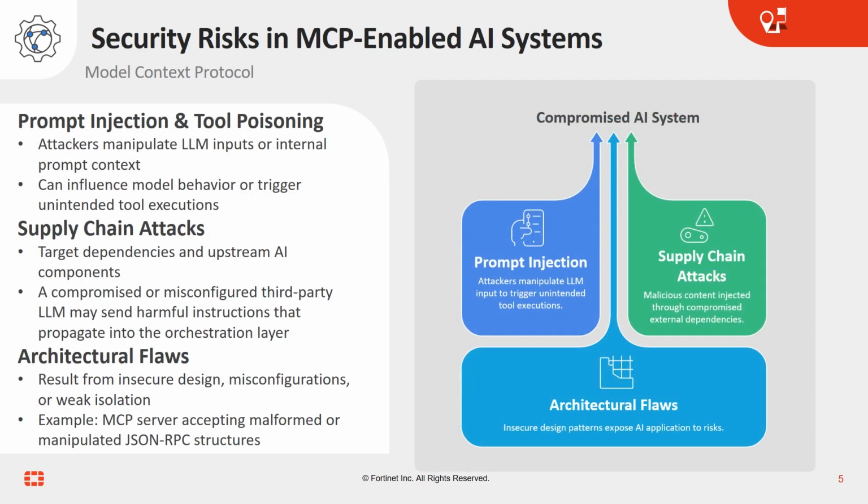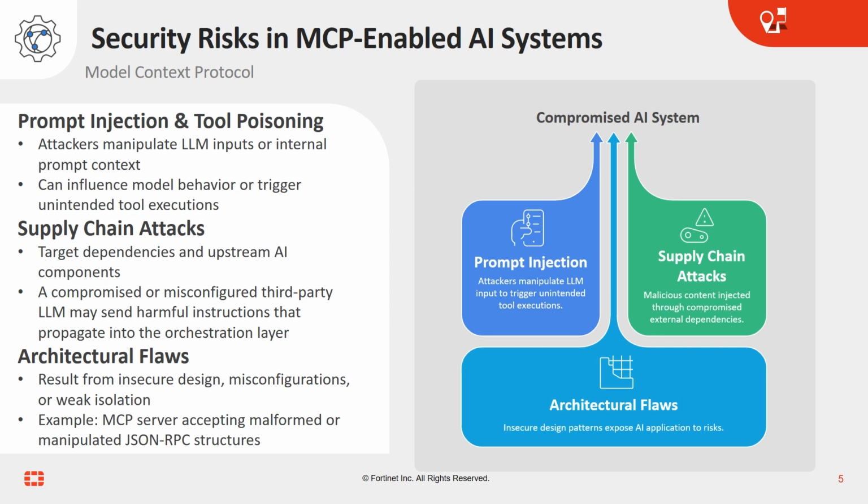Common attacks towards MCP-enabled AI systems include the following types. Prompt injection and tool poisoning: attackers manipulate the LLM's input or internal prompt context to influence its behavior or force unintended tool executions. Supply chain attacks: these attacks exploit the dependencies and upstream components in the AI workflow.